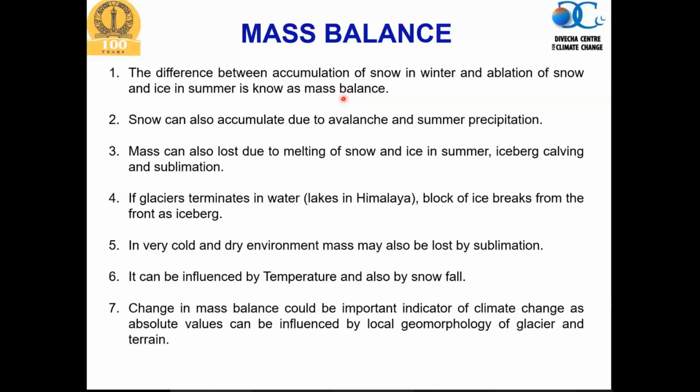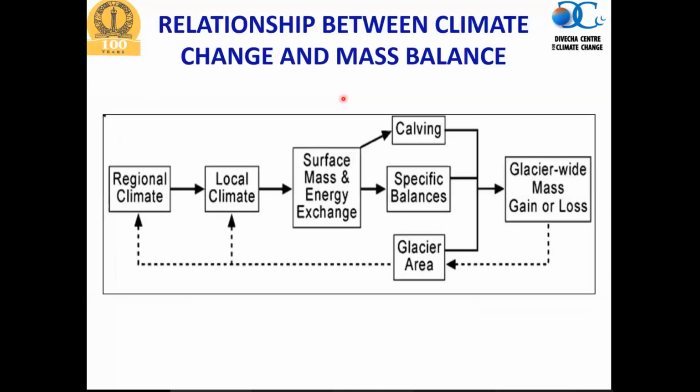Many times, no matter which methodology you are going to use, and subsequently we will talk about numerous methodologies, if your techniques and methodology are standardized, then the absolute value can be influenced by local geomorphology or terrain, but it's the change over a period of time. How it is departing from the long-term mass balance will be really important from the point of view of climate change. So there are different ways to look into this.